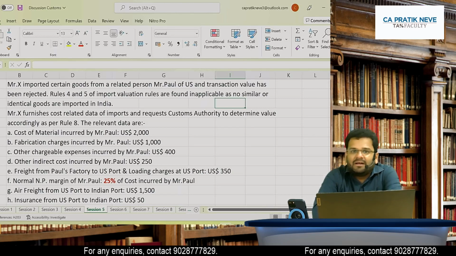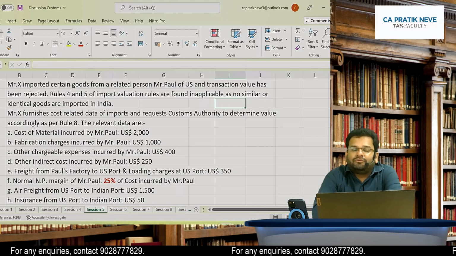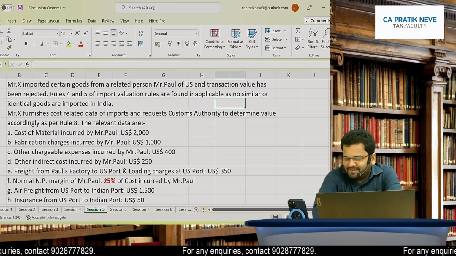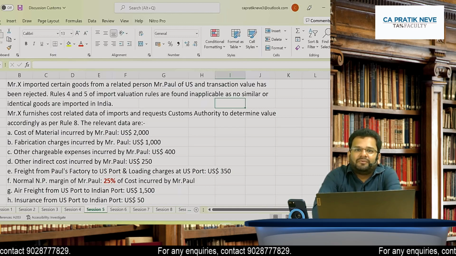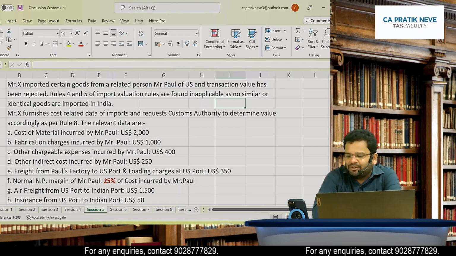Ketki ji, you have done international tax also. You know the concept of cost plus method, and the concept of resale price method. Bas, on the same concept it goes.